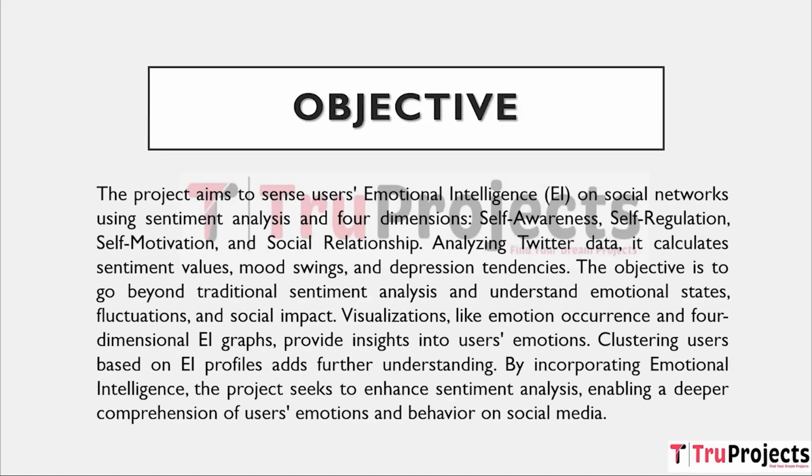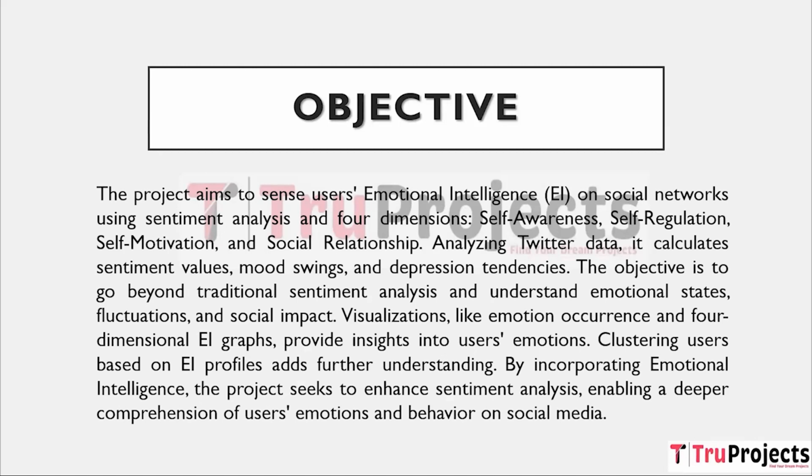Objective. The project's goal is to detect users' emotional intelligence on social networks by utilizing sentiment analysis and four dimensions, which are self-awareness, self-regulation, self-motivation, and social relationship. It computes sentiment values, mood swings, and depression inclinations by analyzing Twitter data. The goal is to go beyond typical sentiment analysis and gain a better understanding of emotional states, fluctuations, and social influence.